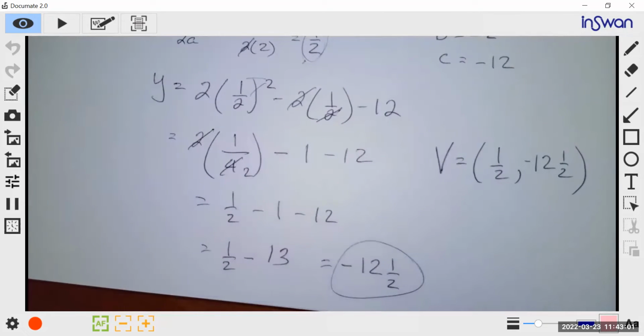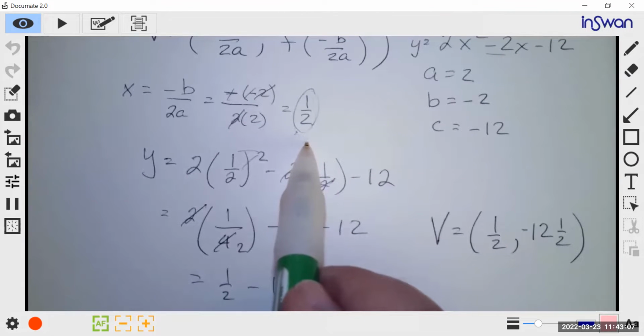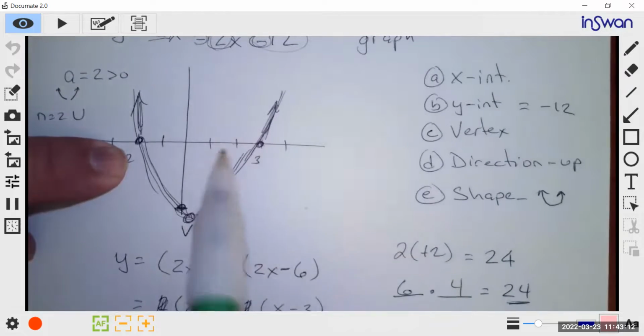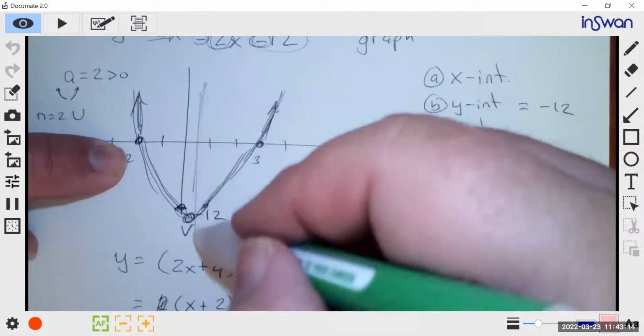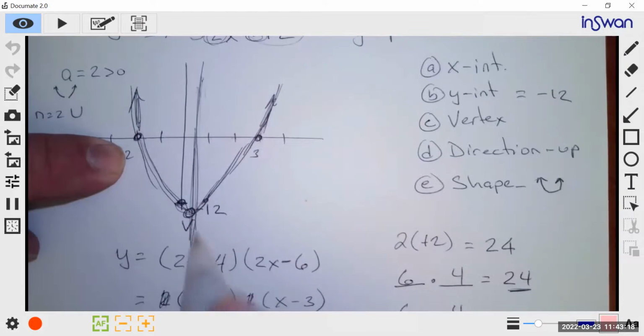So far, so good. Now, the x value has another name because parabolas are symmetric. Whatever's on this side maps on that side.